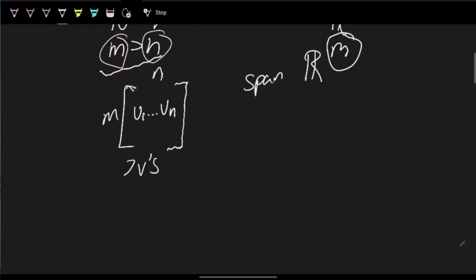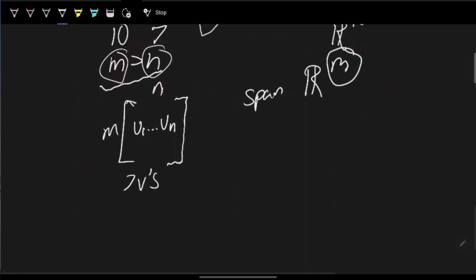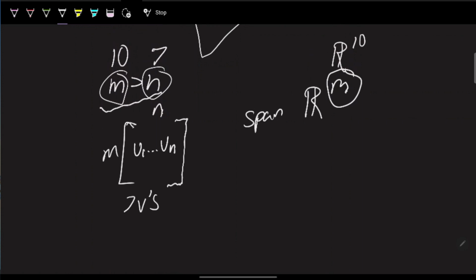But if you have n vectors and you're trying to span a space larger than n, it just can't be done, right? Every additional non-redundant vector can give you an extra dimension. At most one extra dimension, right?